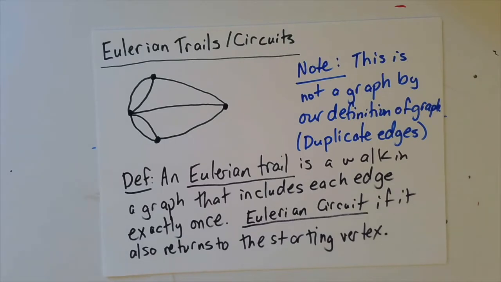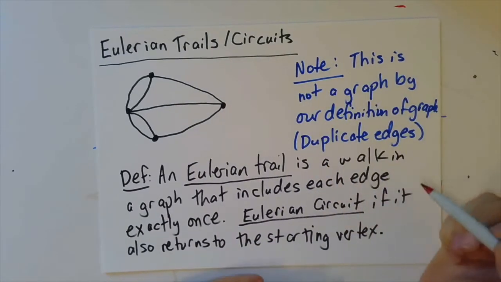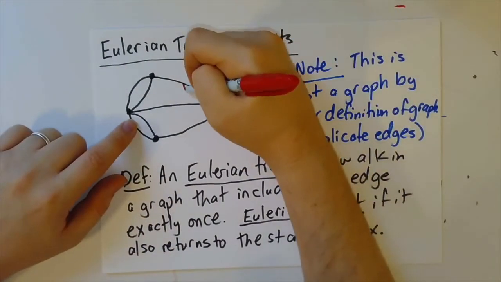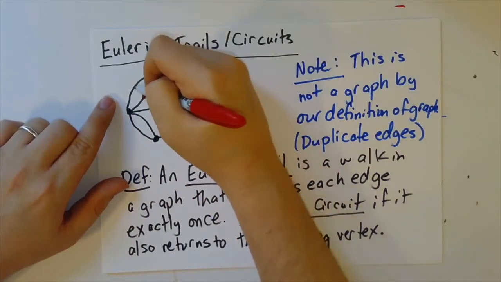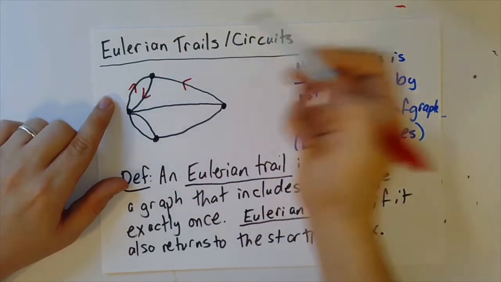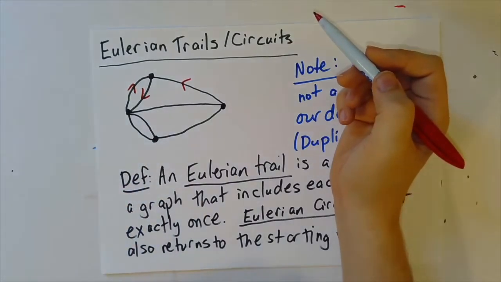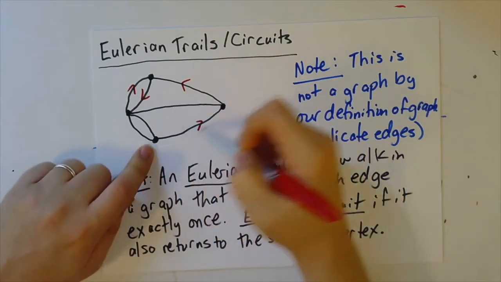So I want to try to convince you how we should think about this. And so I want to try just some random way of doing this. So I'm going to start here, come over here, down here, up here. Well, that was bad because then I got stuck. So maybe I'm going to have started down here instead, going up there.